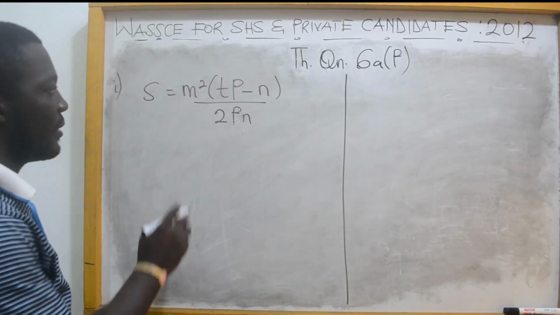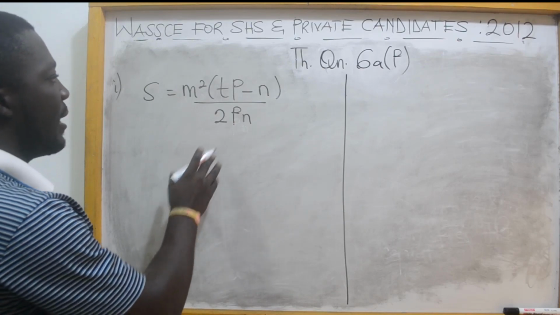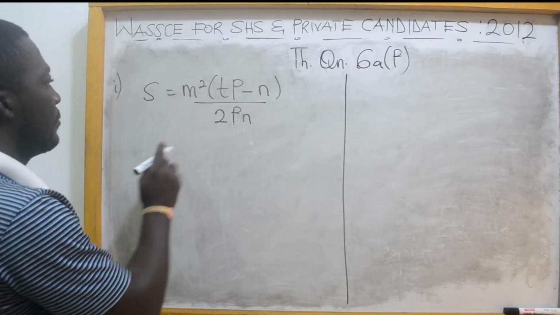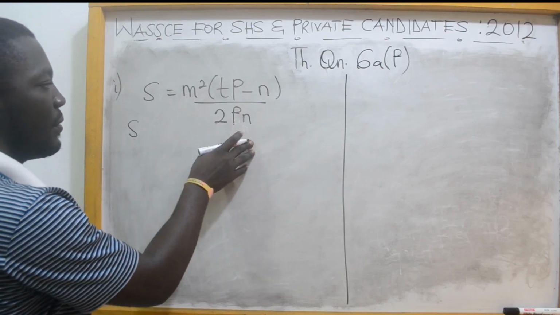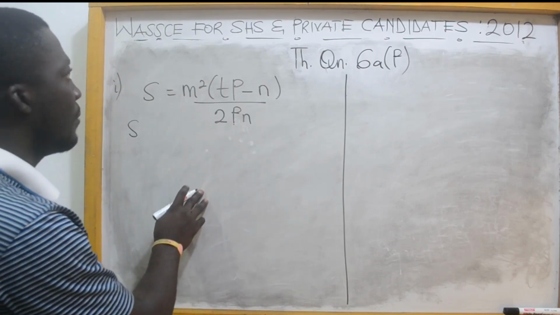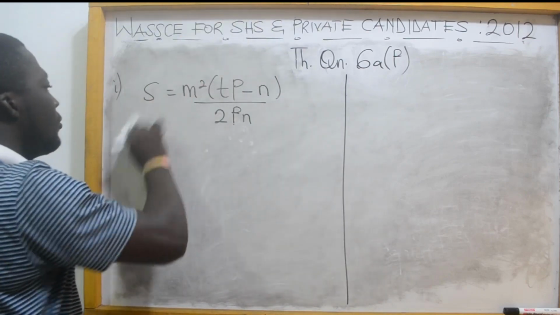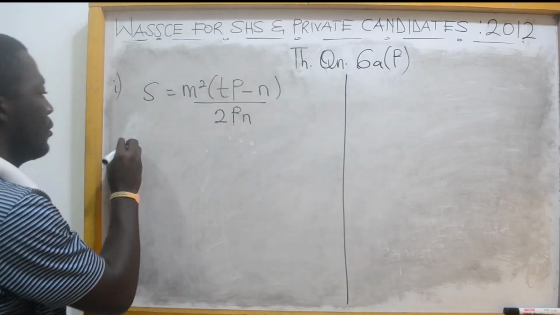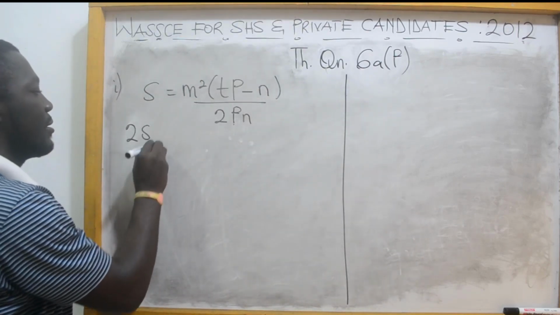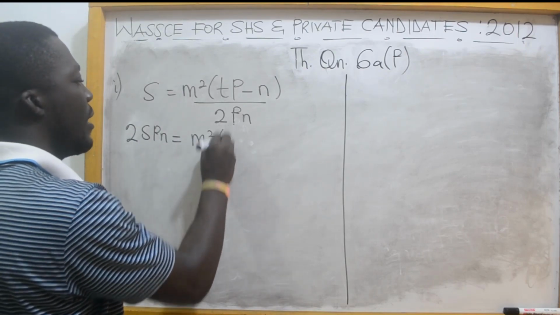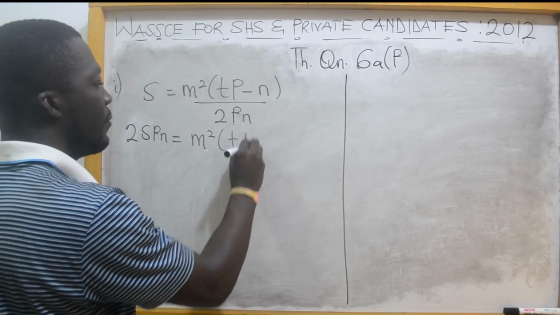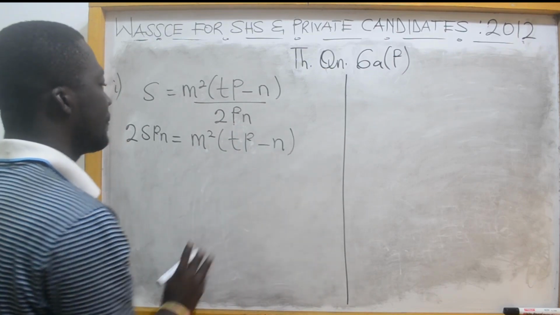So first of all, let's apply cross multiplication. S will be here, then 2pn will come. So it will change to 2spn is equal to m squared, bracket tp minus n.